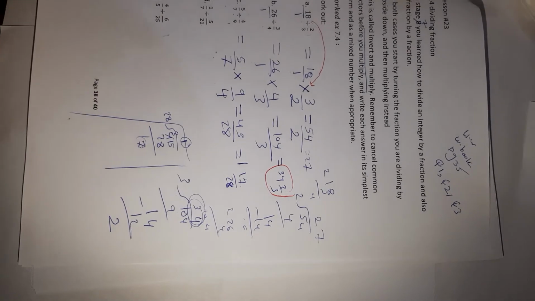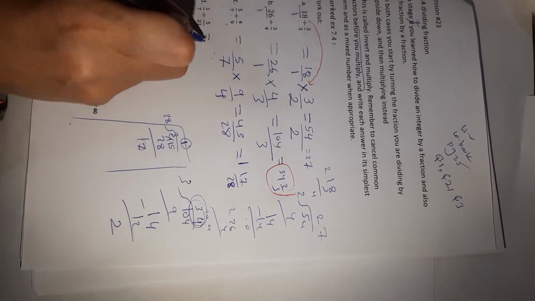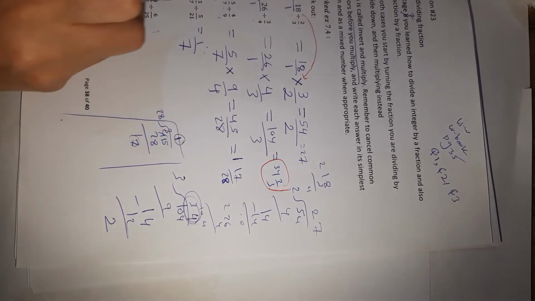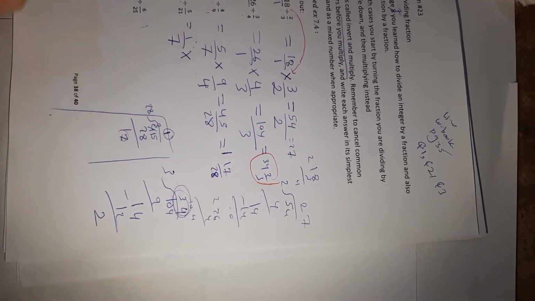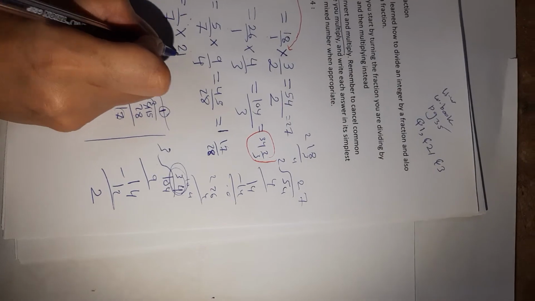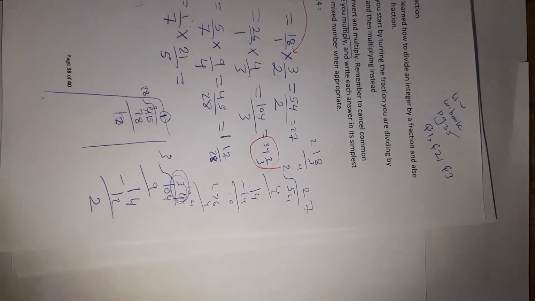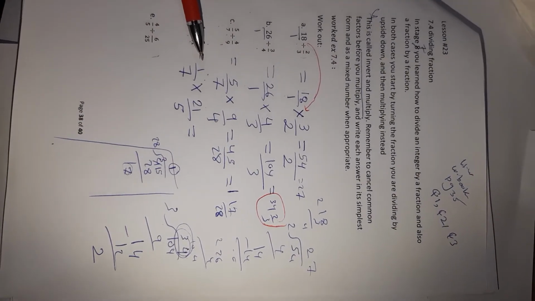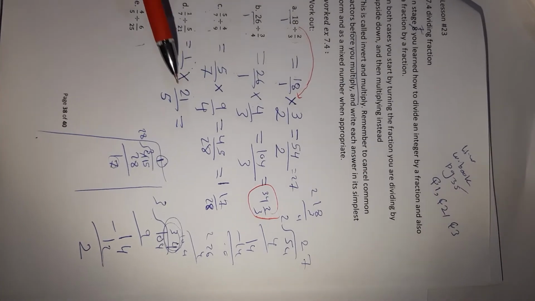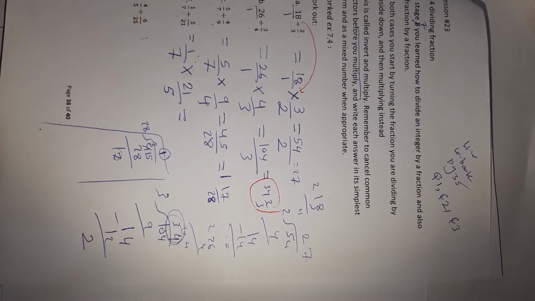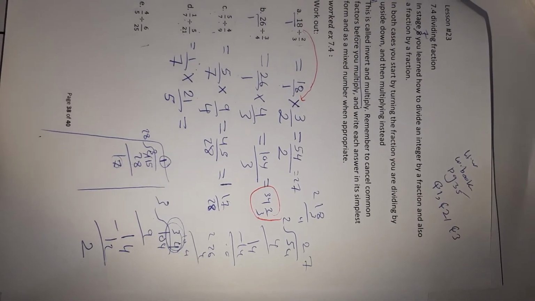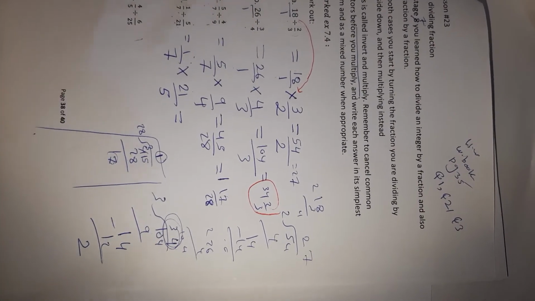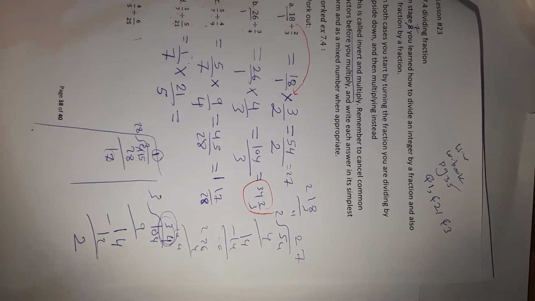Now let's do this one. 1 over 7, still 1 over 7. Division becomes multiplication. 5 over 21 becomes 21 over 5. Here you can multiply the numerators together. 1 times 21 is 21. 7 times 5 is 35. And then change from an improper fraction to a mixed number. Or I will cancel common factors before you multiply.